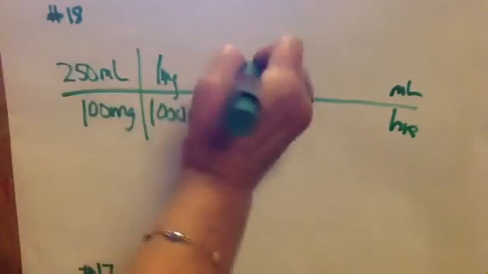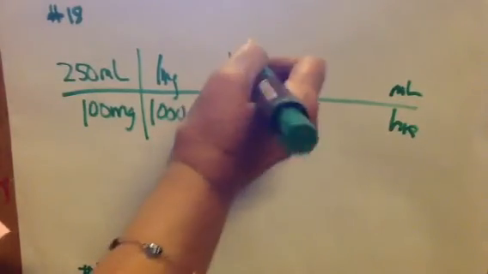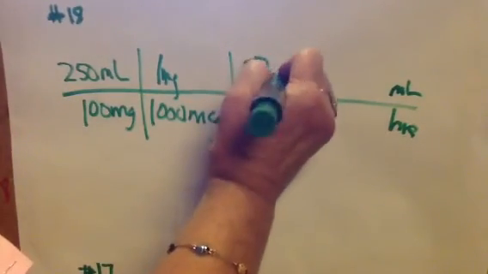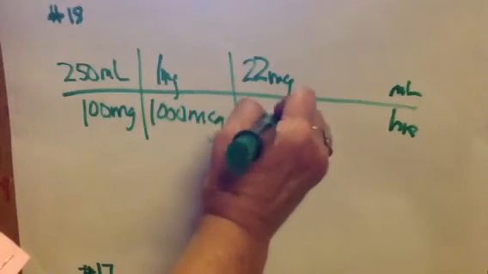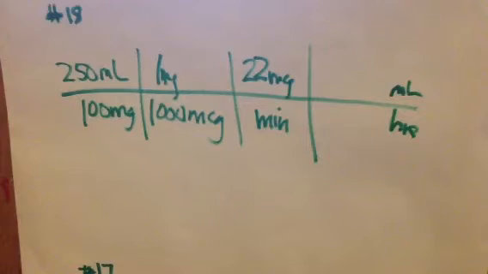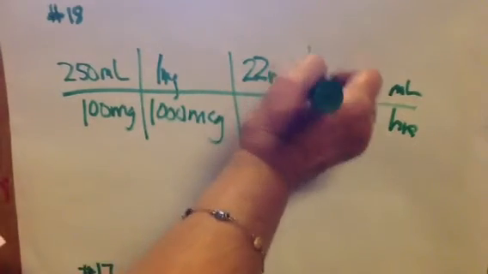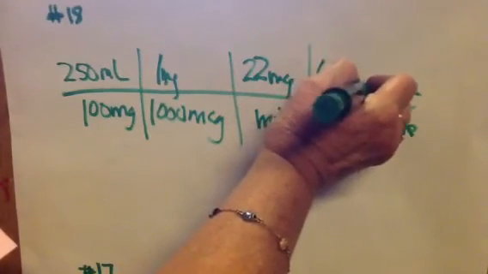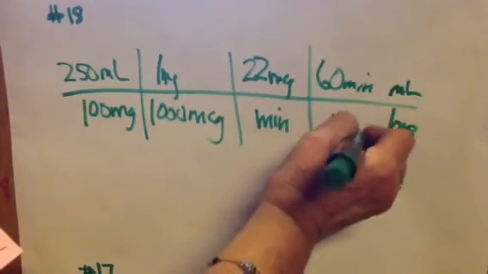We want to give 22 micrograms per minute. We still need our problem in hours, so we know 60 minutes is equal to 1 hour. This is our conversion.